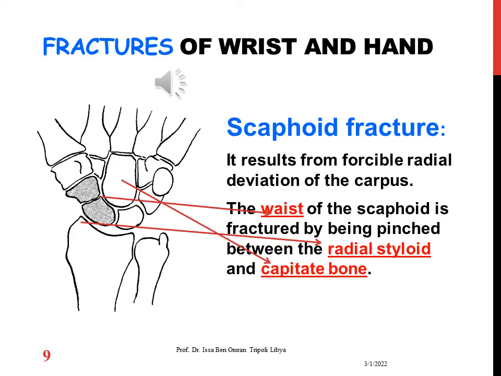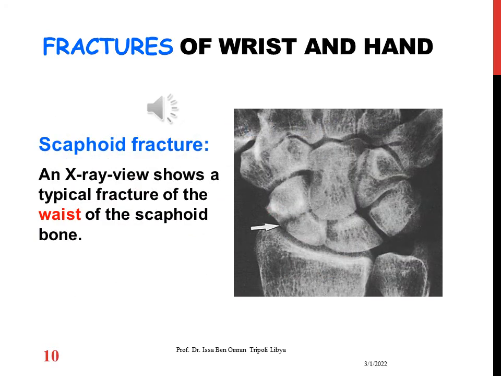The waist of the scaphoid is fractured by being pinched between the radial styloid and capitate bone, as we see here in this illustration. This X-ray view shows a typical fracture of the waist of the scaphoid bone.